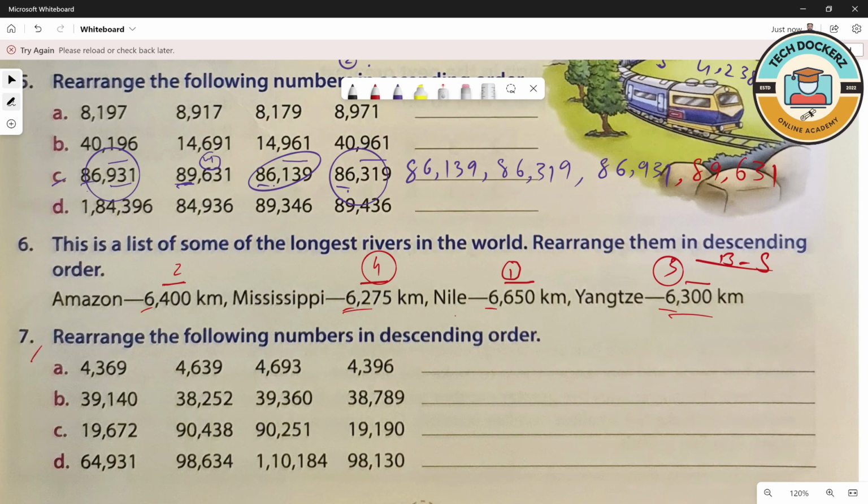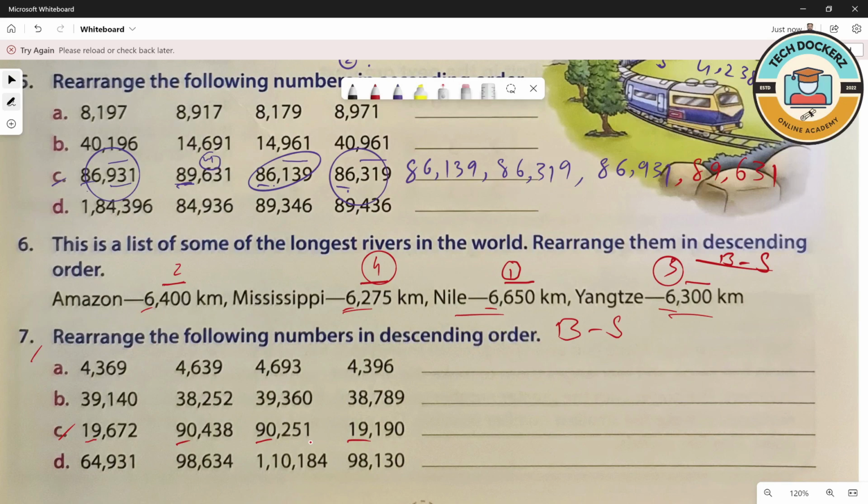Rearrange the following numbers in descending order. Descending order is bigger to smaller. Let's move to question number 7C. Observe the numbers first. The 1000 place starts with 19,000, 90, 90, and 19,000.